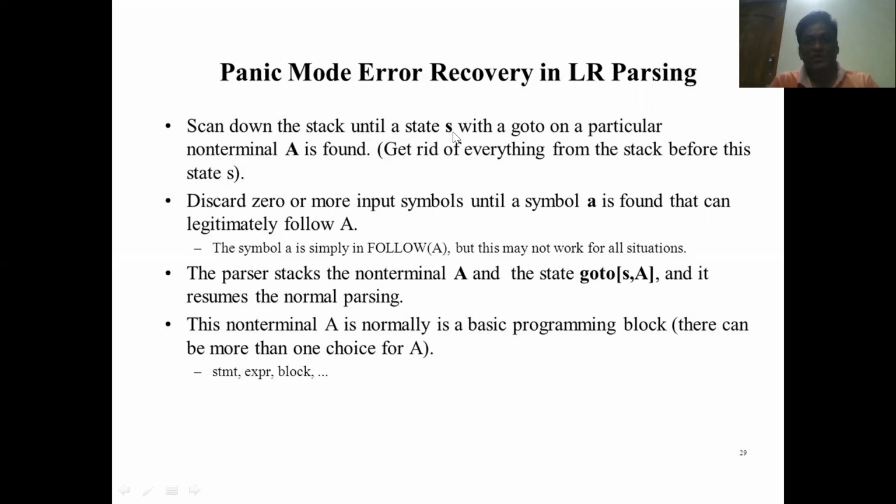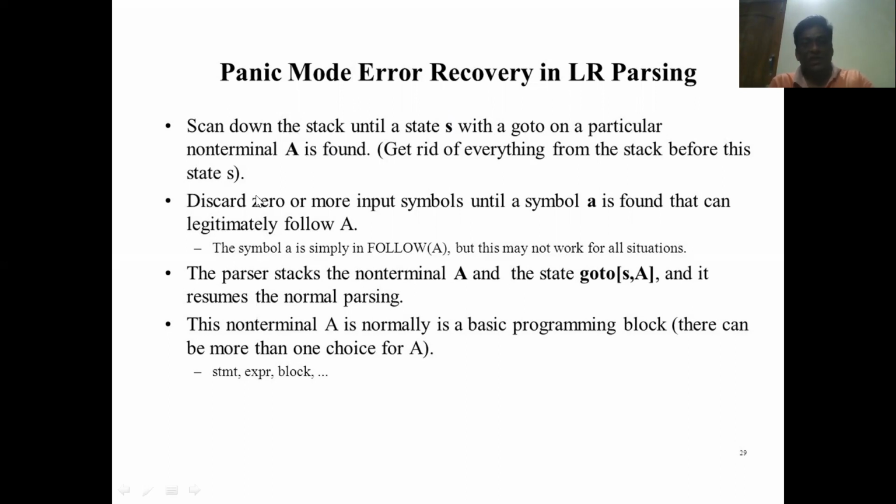That means you need to scan the stack until you find a state which contains some go-to action. You can have any variable there. That means go to of s comma something should have a variable there. So you need to identify these go-to entries for a particular state.